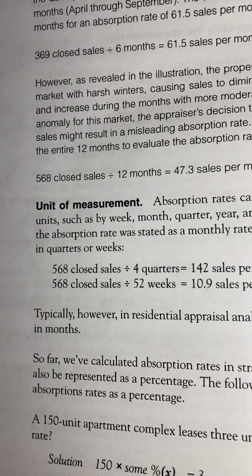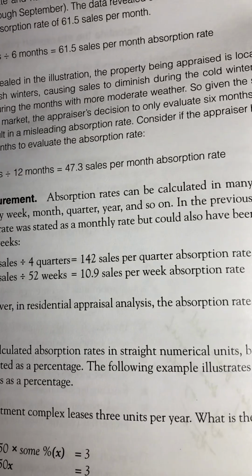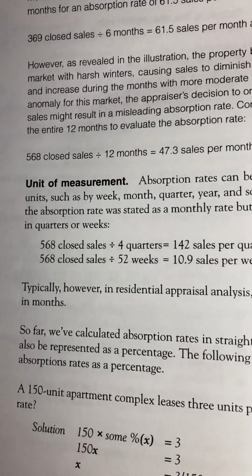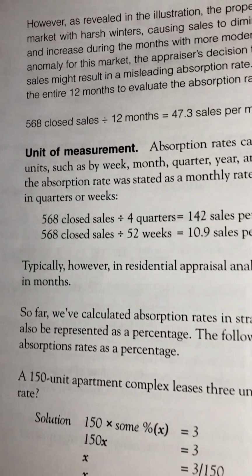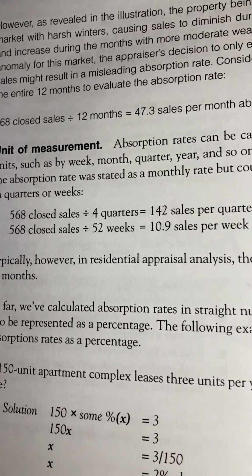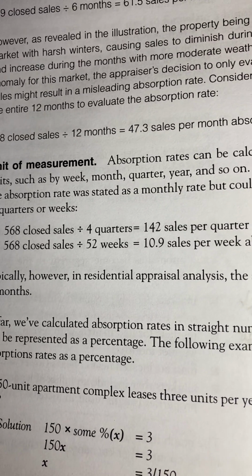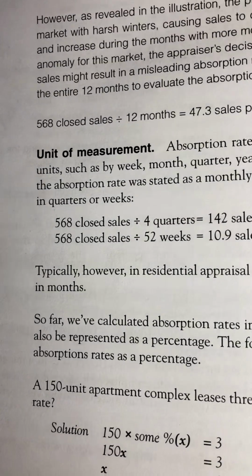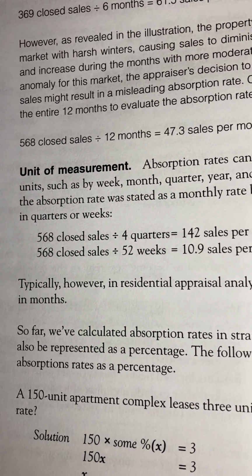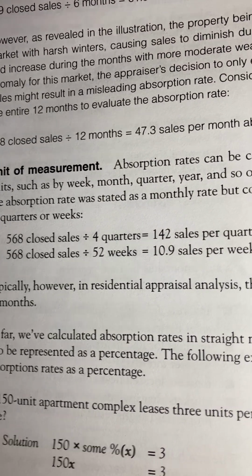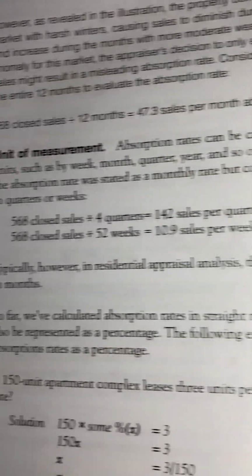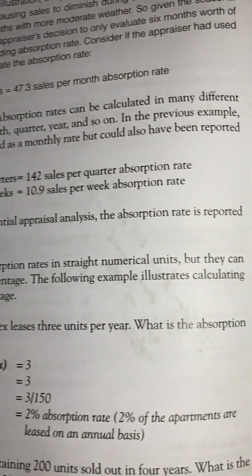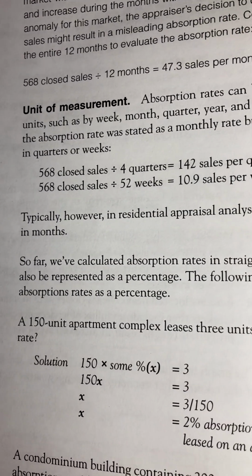In the previous example, the absorption rate was stated as a monthly rate, but could also have been reported in quarters or weeks. 568 closed sales divided by 4 quarters equals 142 sales per quarter absorption rate, or 568 closed sales divided by 52 weeks equals 10.9 sales per week absorption rate. Typically, however, in residential appraisal analysis, the absorption rate is reported in months.